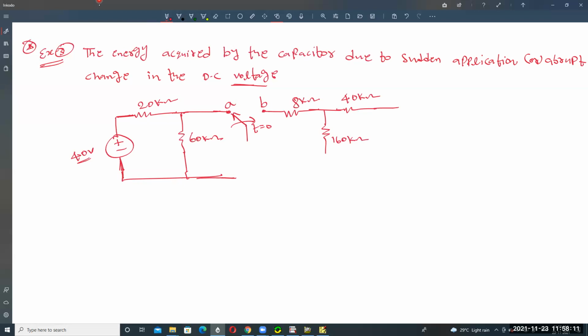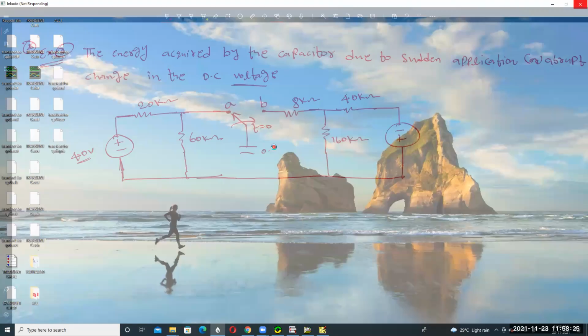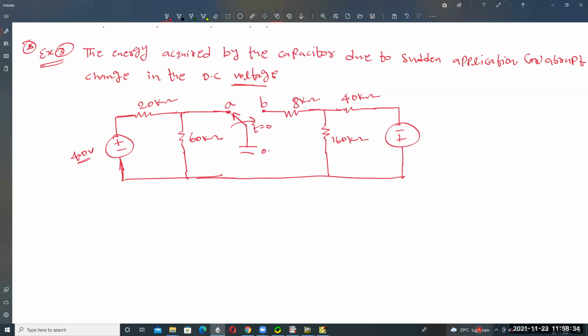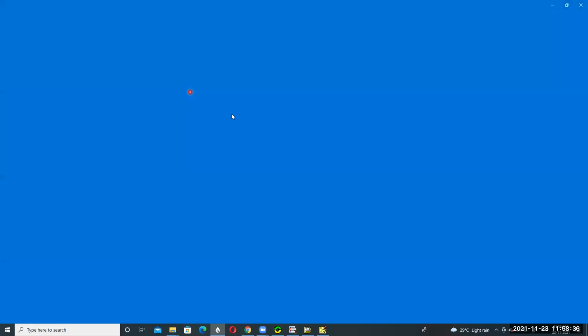This is the plus and minus, and this is the capacitor, 0.25 microfarads.